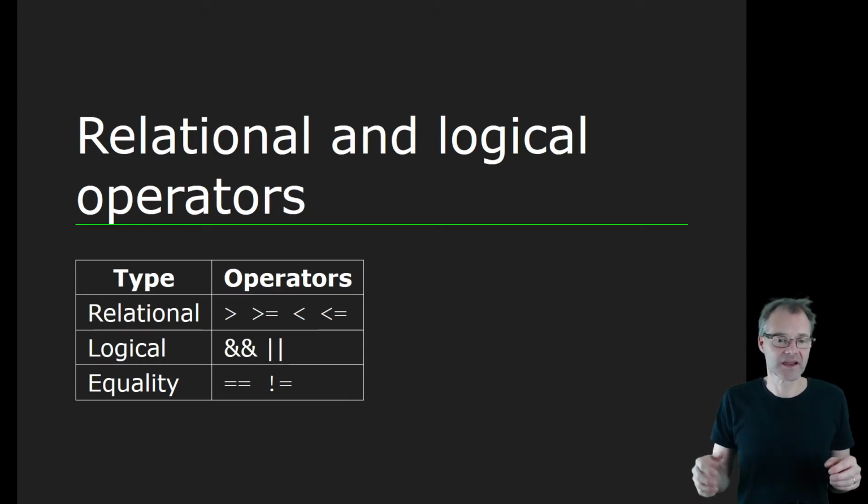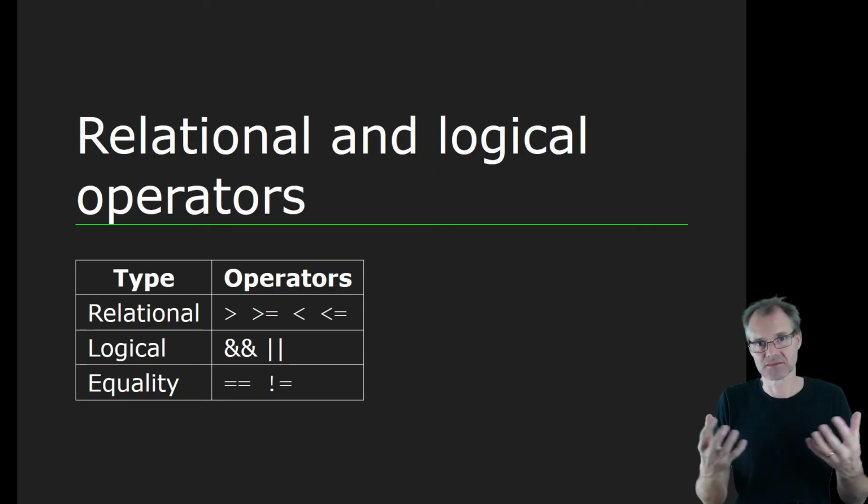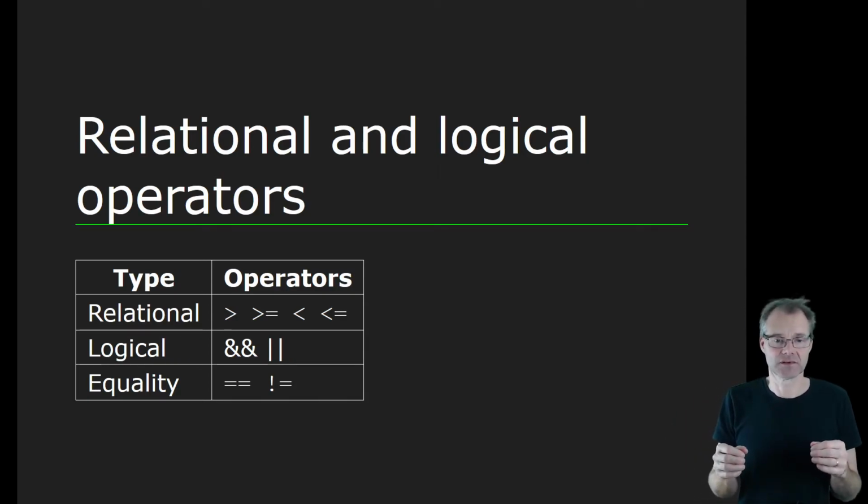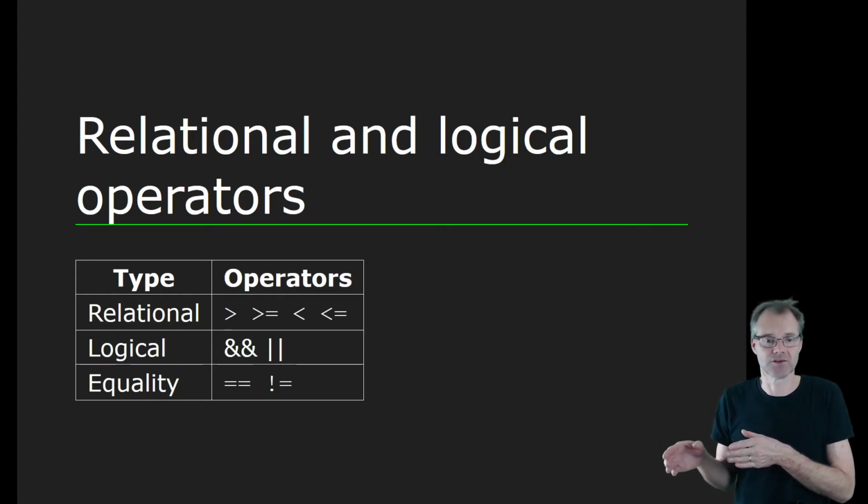The logical ones are and, or. So there you can have this value and this value, and it will evaluate to the result from the expression. And then we have the equality operators there, so it's equal to or not equal to.